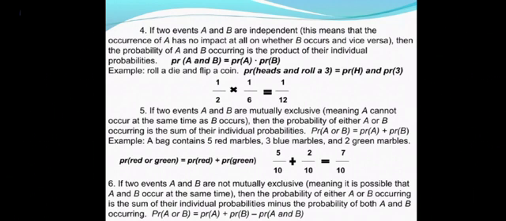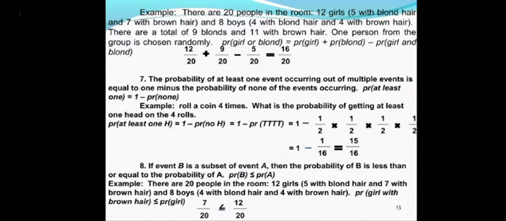The sixth one is if two events A and B are not mutually exclusive, meaning it is possible for A and B to occur at the same time. These are some of the formulas here.